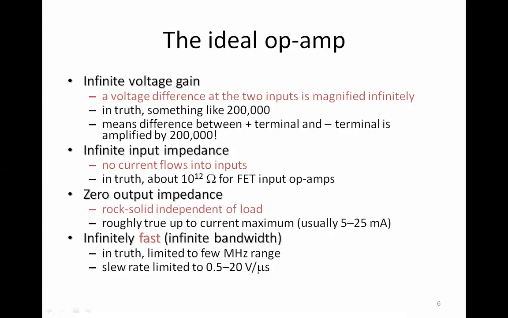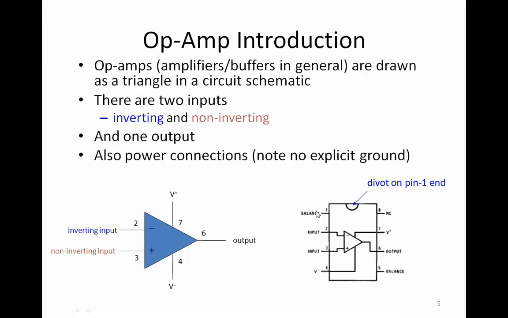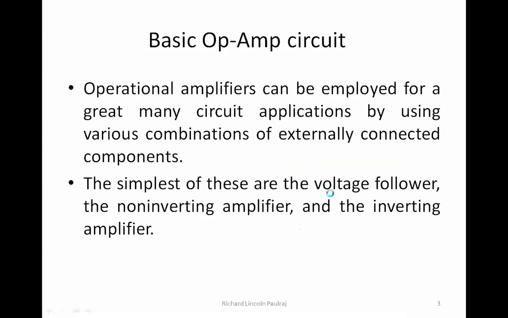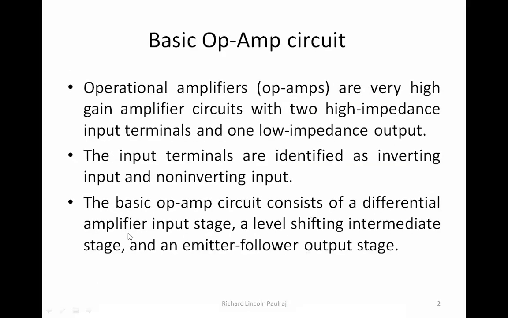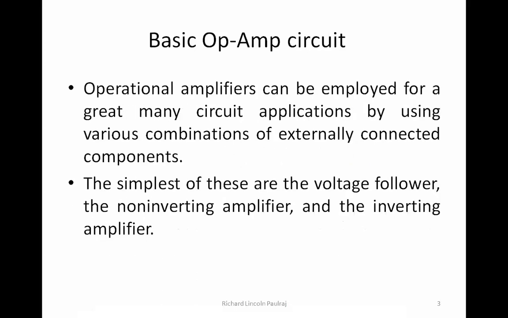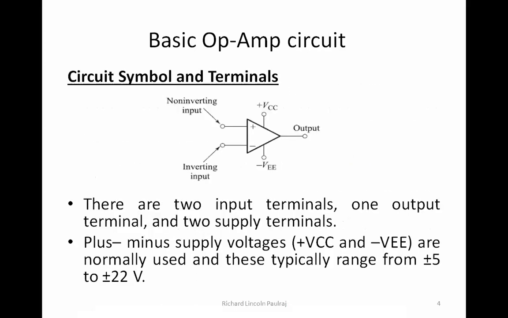Now, one thing you should understand here, as I mentioned in the previous section, is that it includes a differential amplifier. What is a differential amplifier? Suppose I give 5 volts here, and 3 is given here. So the difference is 2. This 2 is what is going to get amplified, right?